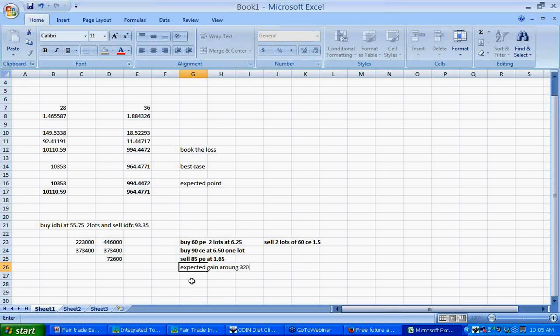around 32,000. Expected loss, because you have sold some options here and bought this thing, expected loss 3 rupees. So you have got some 650. Let me tell you the exact figure, minus 55.75. So 4 rupees here, minus 6.5.